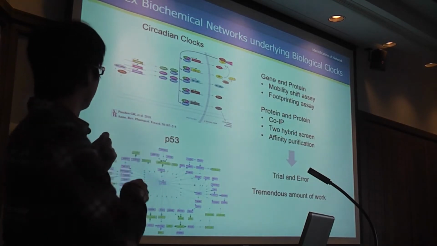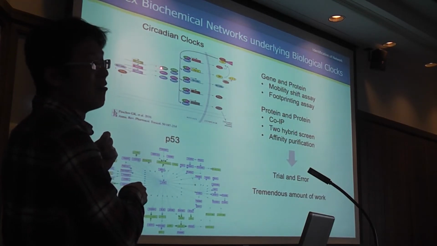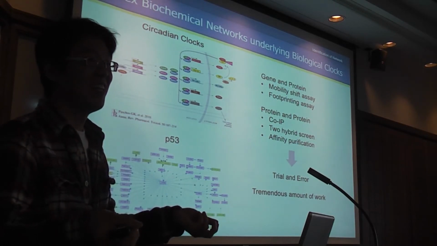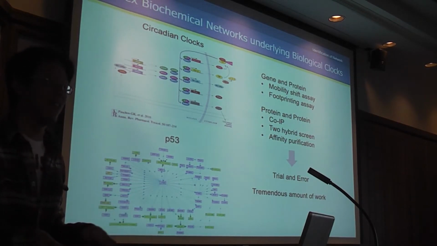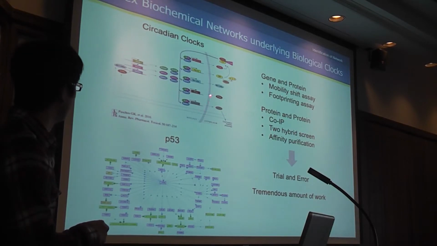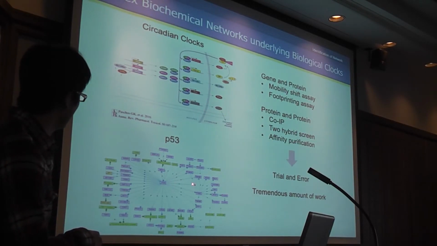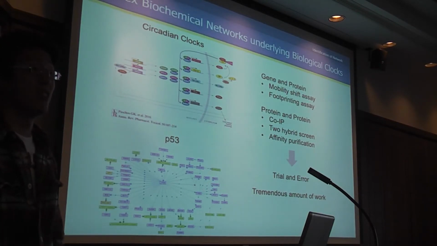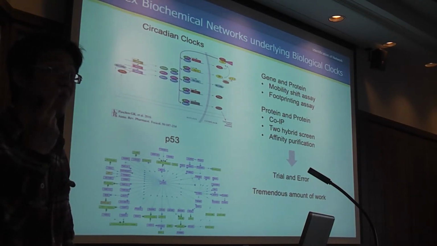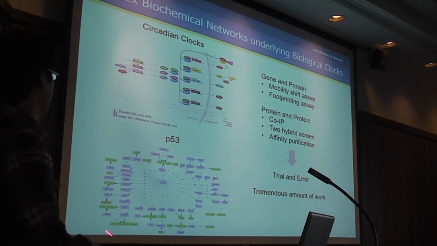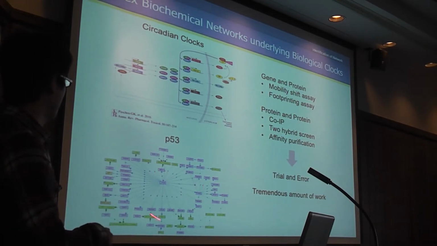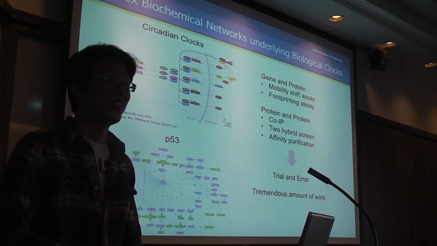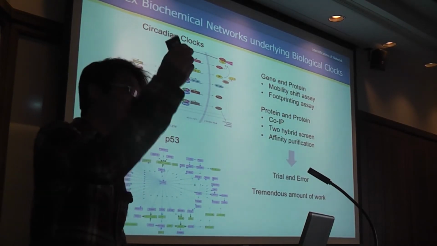If it works, that means there is one arrow here, but if it does not work, then you have to do it again. It is a very complex procedure. Basically, one arrow is one paper because it requires a couple of years of work from one lab. So that means this biochemical network is still ongoing. This is not complete. Every year they publish some new component.